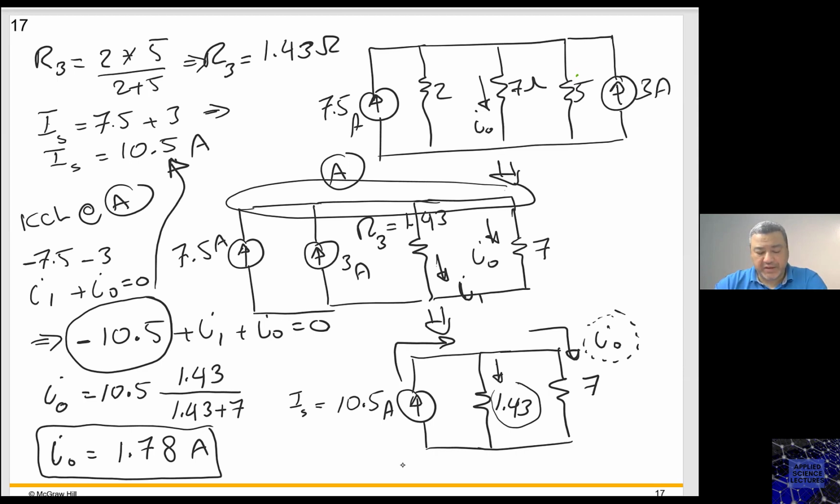If there was a third one, we have to make them into two branches. This is the current division, it only applies on two branches of resistances. So if we were looking for the current going through the 1.43 ohm branch, then we would have 7 as the numerator, right? Absolutely. All right, I see now. Thank you. You're welcome. Any other questions?